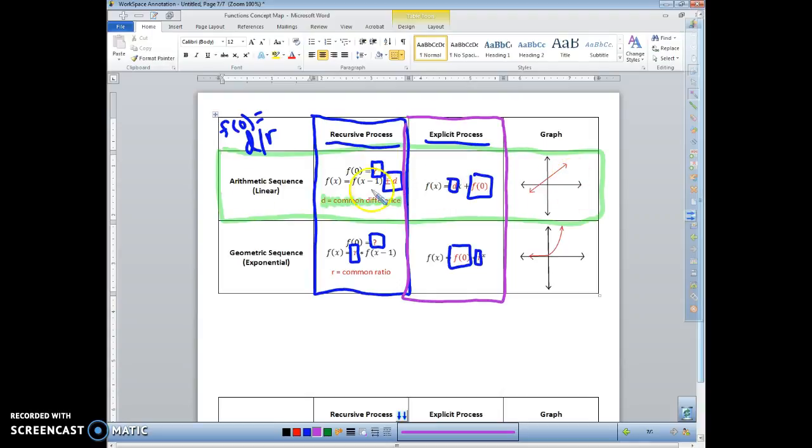This row here applies specifically to arithmetic sequences, and the bottom row is for geometric sequences. So if I wanted the recursive process for an arithmetic sequence, it'd be this box. If I wanted the explicit process for a geometric sequence, it would be this box. That's how this chart works, and we're going to use this today.